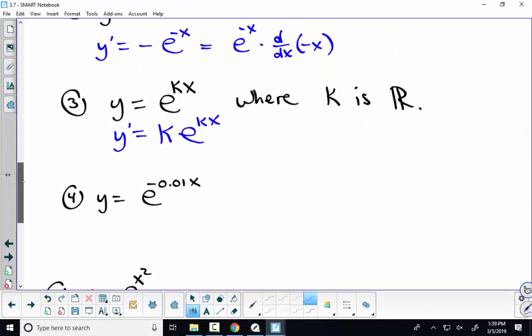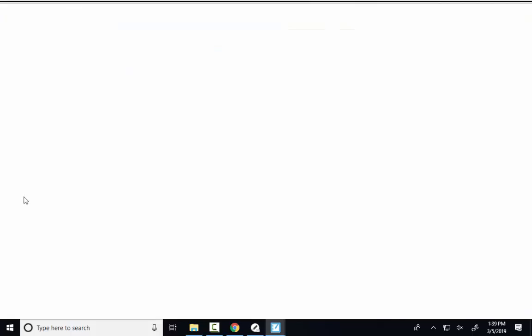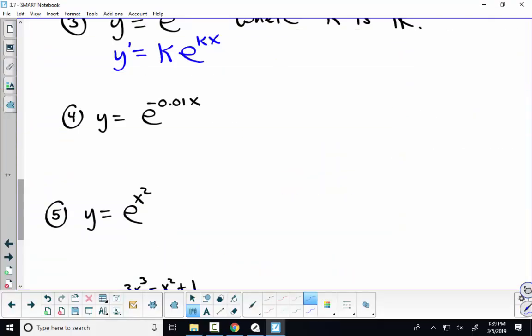So a couple more with e to the power. Example 4, what would the derivative of e to the negative 0.01x be? Negative 0.01 times e to the negative 0.01x. Right, yep. The negative 0.01 is acting as that k.